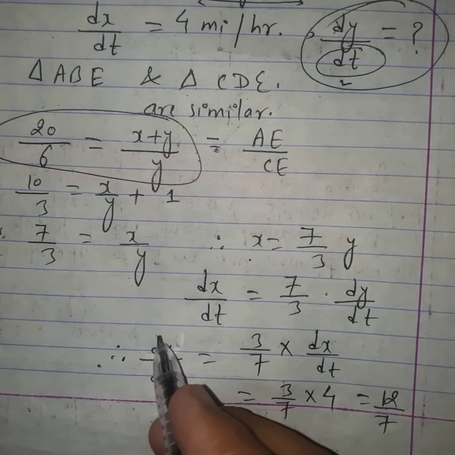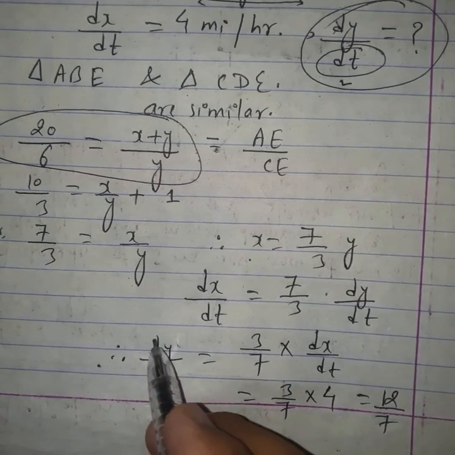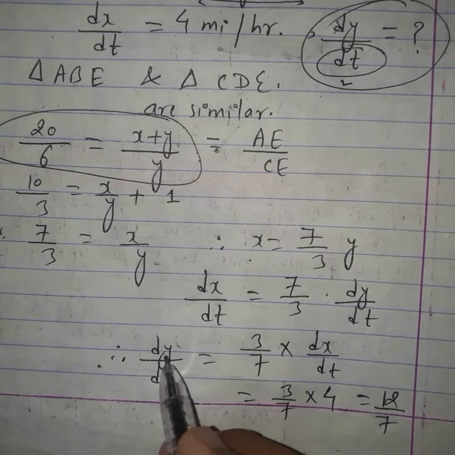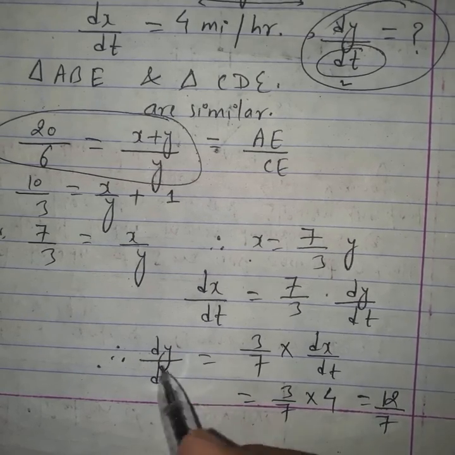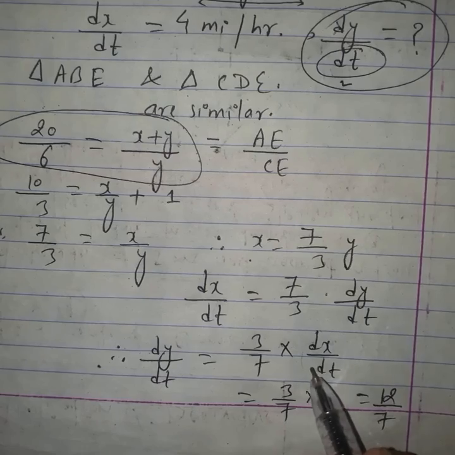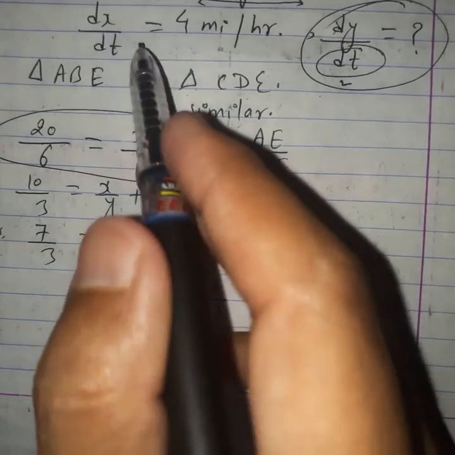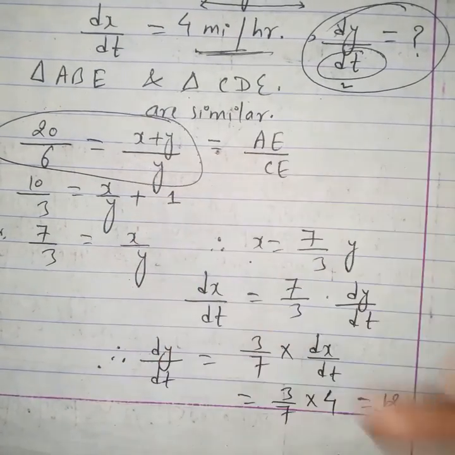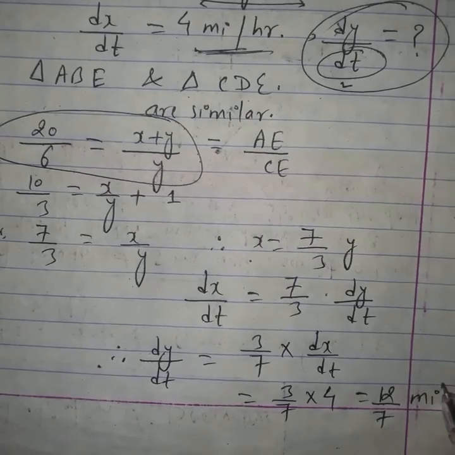The unit of dy over dt is the same as the unit of dx over dt, which is miles per hour.